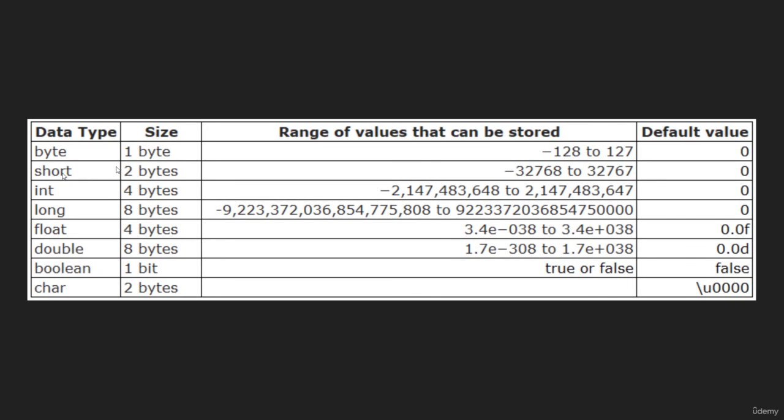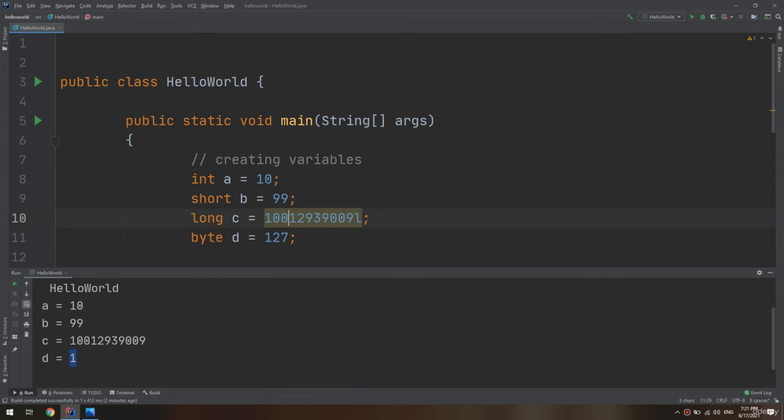So short, we have 2 bytes in the memory. Its size is 2 bytes, and accepting from minus 32,768 to 32,767. Now let's move to the short, and I will specify 32,768.